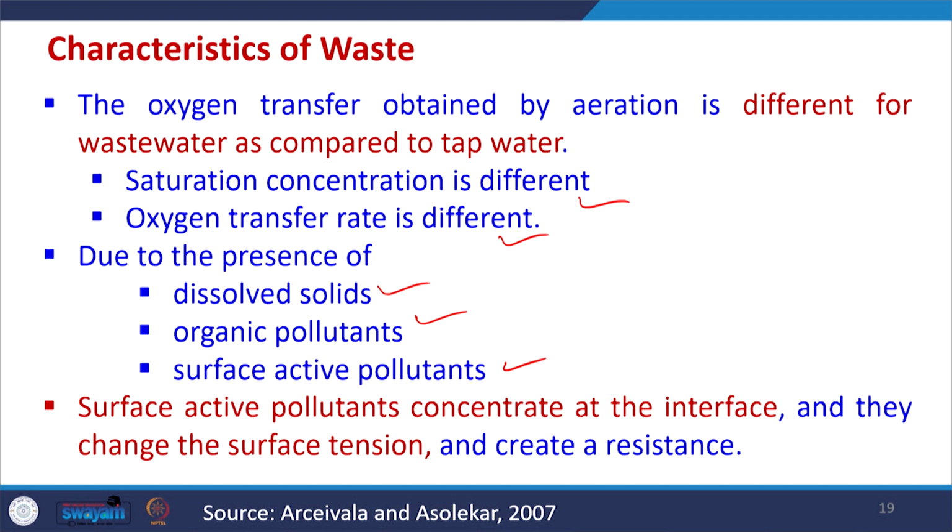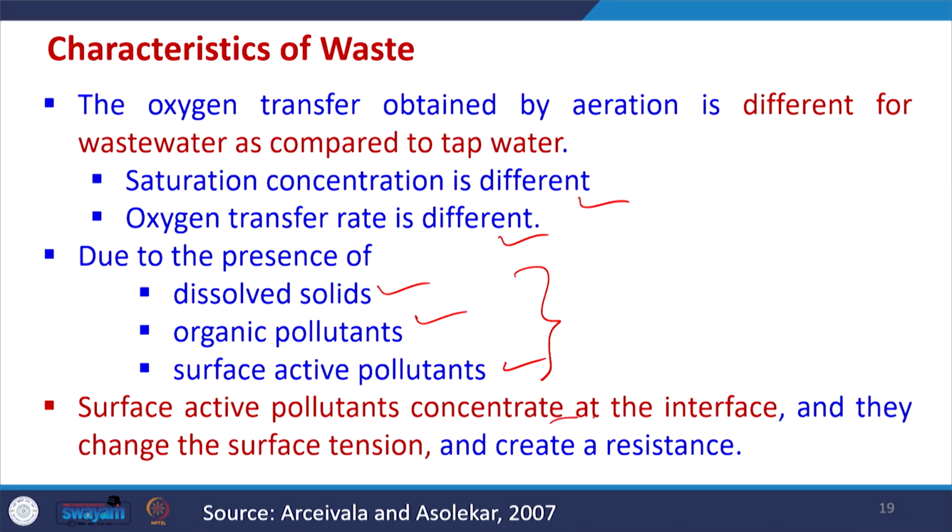So, depending on whether these things are present in the waste, the oxygen transfer rate will change. Surface active pollutants concentrate at the interface, change the surface tension and create a resistance, and thus they decrease the oxygen transfer rate.